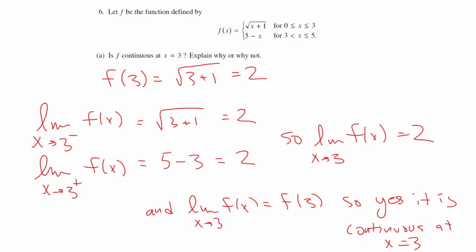And that's the 3-point definition of continuity at a point, right? The function has to exist, the limit has to exist, and those two things have to be equal to each other. And they gave you 2 points for this: 1 for saying yes, and 1 for the little explanation that the one-sided limits are equal to each other. So we had to have all of these things to get both those points.